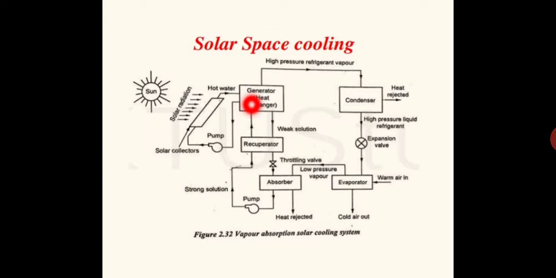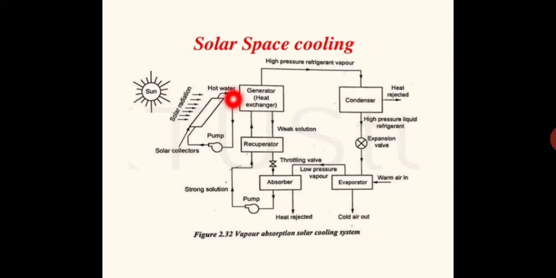Without this also it will work, but more heat energy is to be provided by the fluid from the solar collector. See, the hot fluid from the solar collector will be entering into the generator in a separate coil. This is actually a heat exchanger. There is no mixing of the strong solution with the fluid from the solar collector. So the heat energy from the fluid of the solar collector will be supplied to the strong solution within the generator.